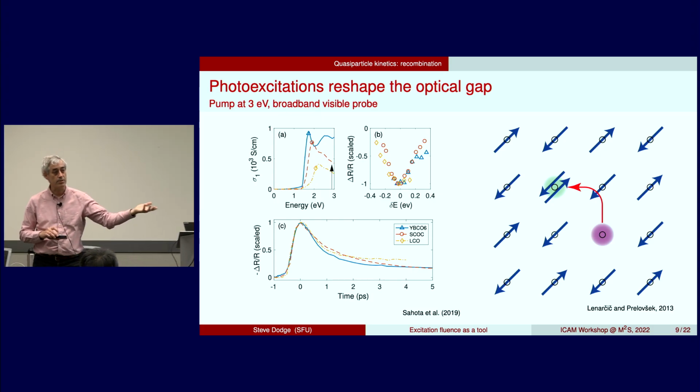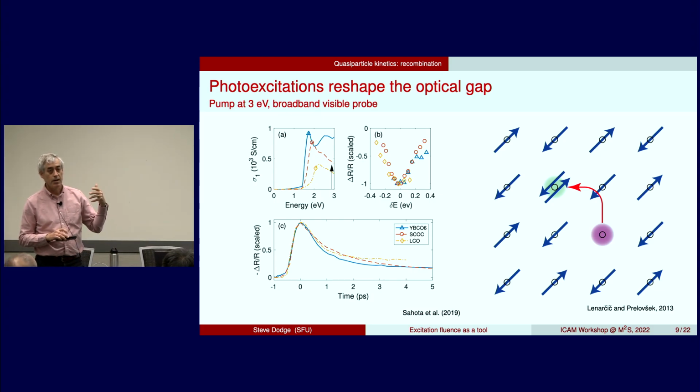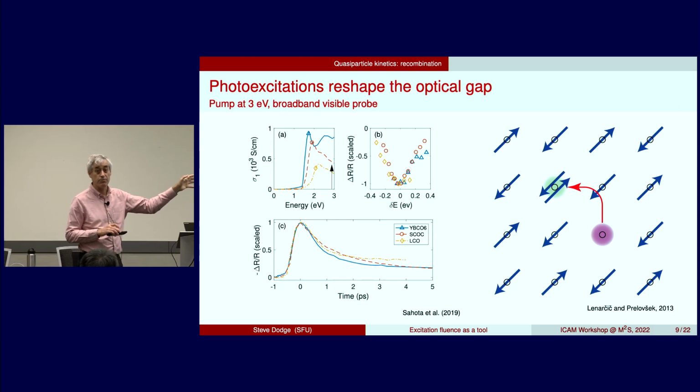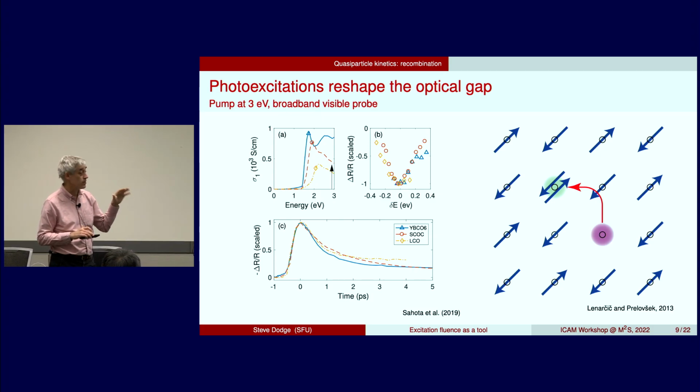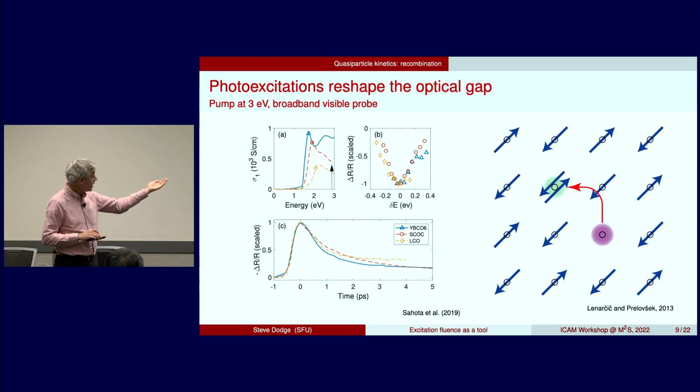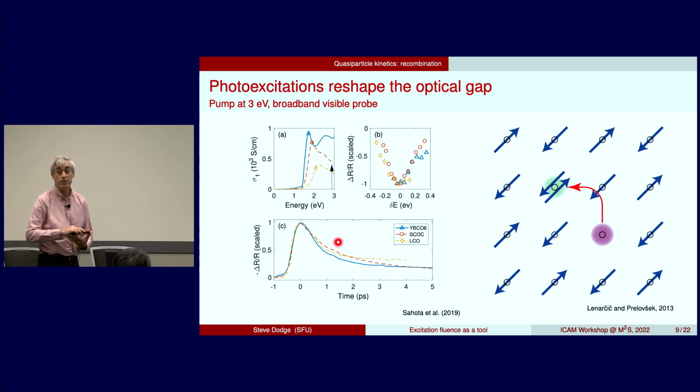Those photocarriers then renormalize the gap, potentially just by screening, but also potentially by giving off phonons, which also screen the gap. So it's a little bit unclear, I think, experimentally, which of these is dominant, but both are probably playing a role. And then you can see at the lower plot that this signal decreases on a time scale that's sub-picosecond.